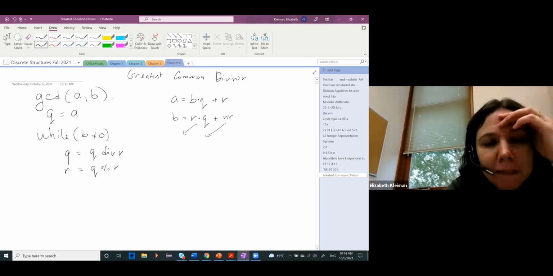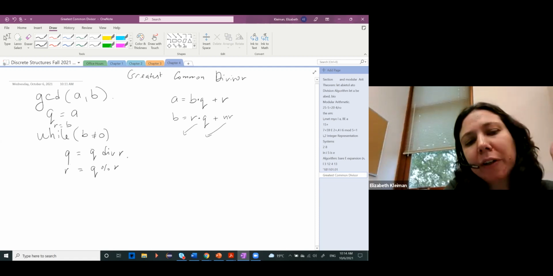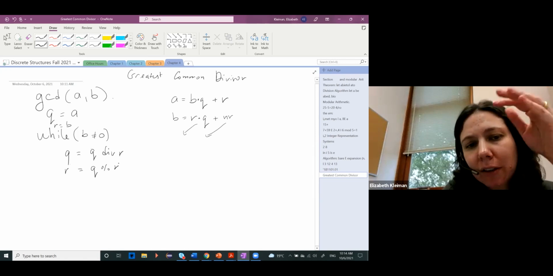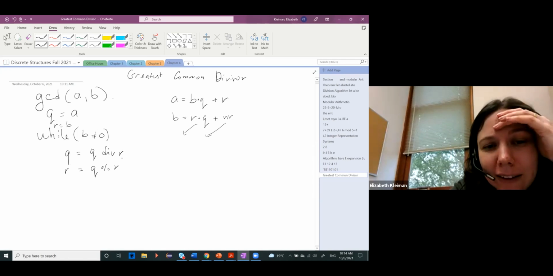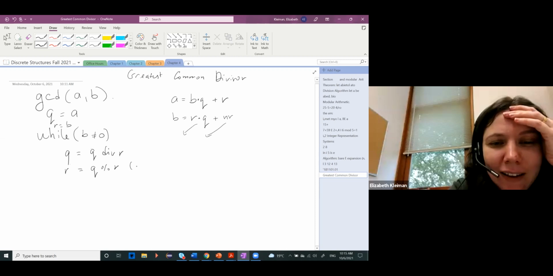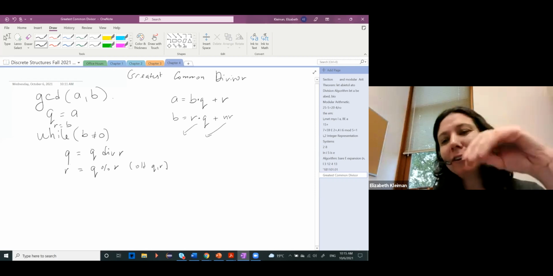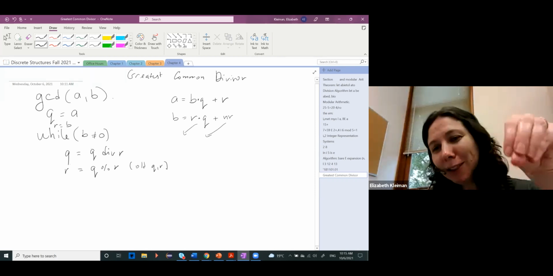Now one thing. In computer science, you need a temporary value to store it, but in pseudocode, I can just say the old Q and R are used, correct? Not the new ones I'm just replacing, but the old ones, correct?